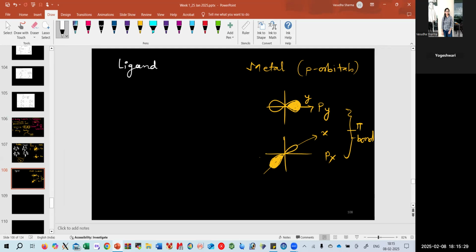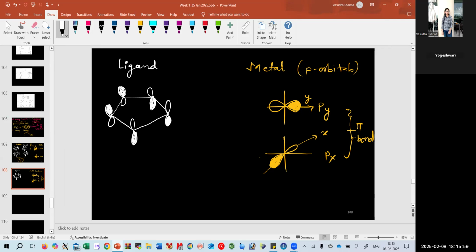In the ligand category, if they are making a bond, the similar orbitals that we saw earlier, two of them are shaded, three of them are down shaded. It's a type of orbital.